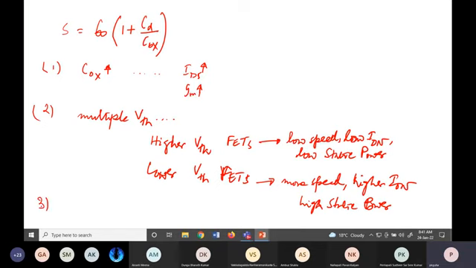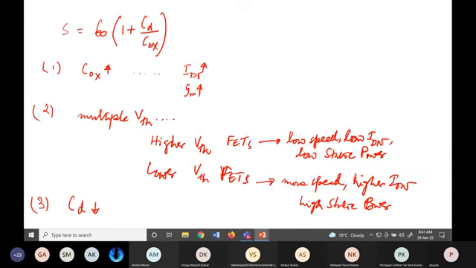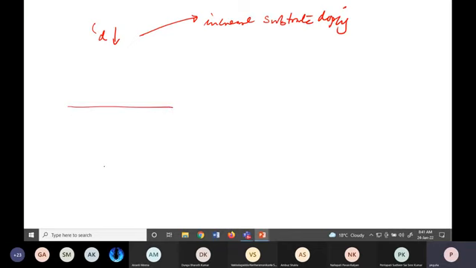There are other things also. For example, you can reduce CD. How do you reduce CD? There are different ways. One is you can increase substrate doping, because CD is, you remember, CD is what?